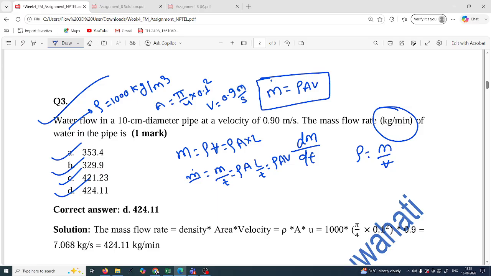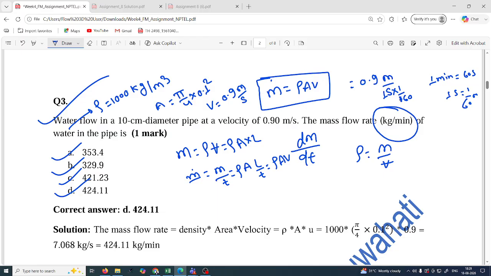So I am going to convert this velocity into meter per minute. 0.9 meter per second, if you convert second into minute, 1 minute is equal to 60 seconds, and 1 second is equal to 1 by 60 minute. So for 1 second, you need to multiply by 60, not 1 by 60.